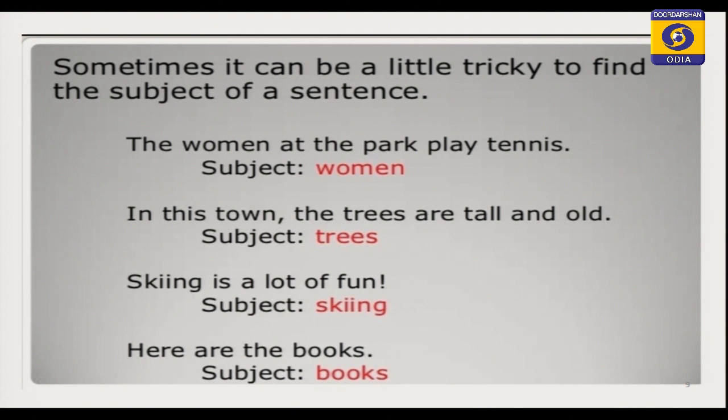In this town is an adverbial phrase. We can place it at the beginning of a sentence or at the end of the sentence. In reverse, we can write this sentence like the trees are tall and old in this town. So, in this sentence, the real subject is trees.